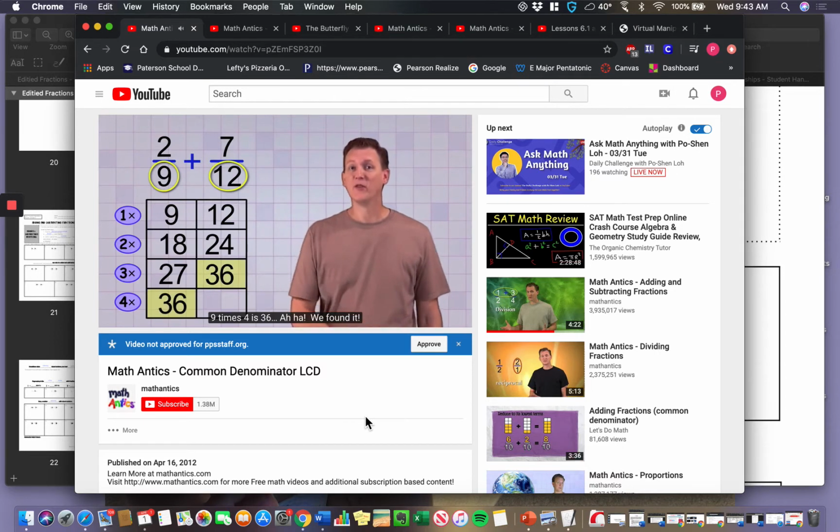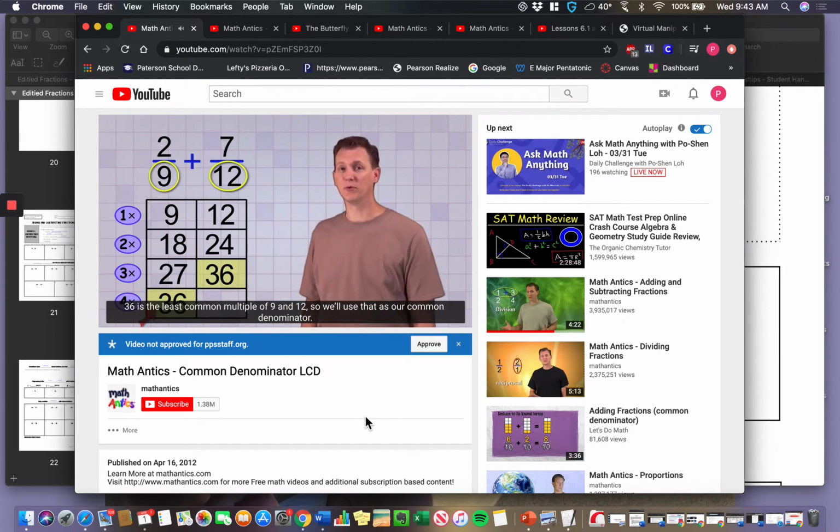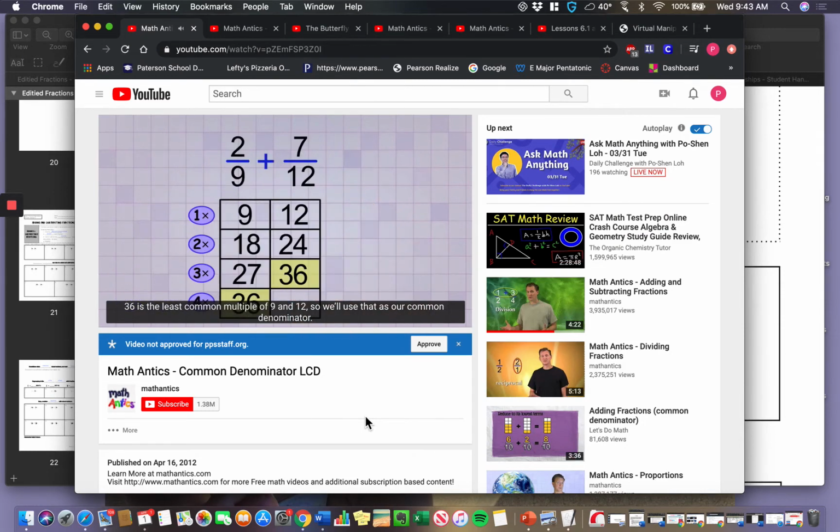We found it. 36 is the least common multiple of 9 and 12. So we'll use that as our common denominator. Now let's figure out which whole fractions we need to use to make our fractions have that denominator. We use 4 over 4 for our first unlike fraction, since 4 times 9 was 36. And we use 3 over 3 for our second unlike fraction, because 3 times 12 was 36.